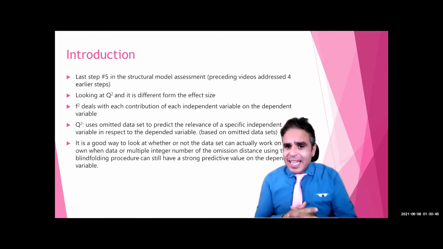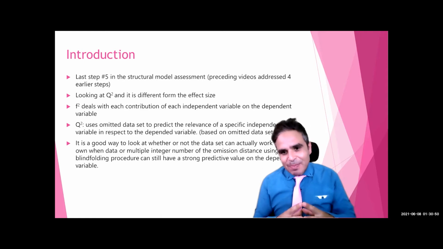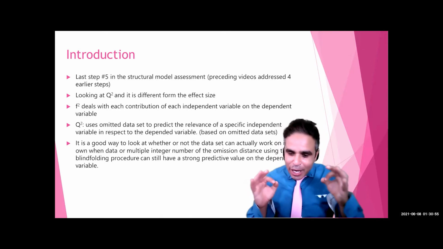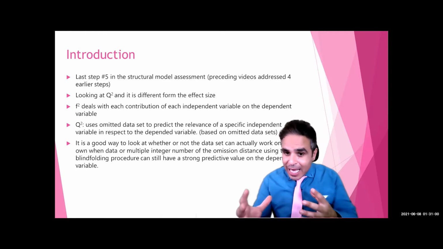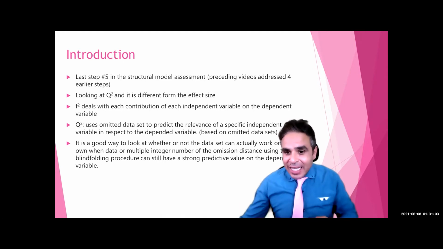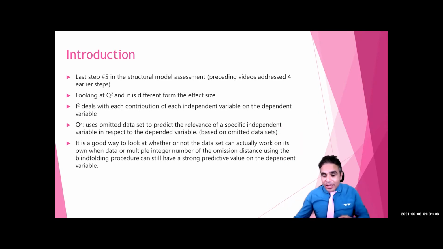Q squared uses the omitted data set to predict the relevance of a specific independent variable in respect to the dependent variable, based on the omitted data set. It is a very good way to look at whether or not that data set, using multiple integer numbers of the omission distance with the blindfolding procedure, can still have a strong predictive value on the dependent variable.